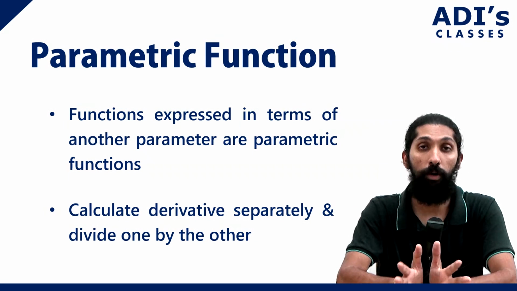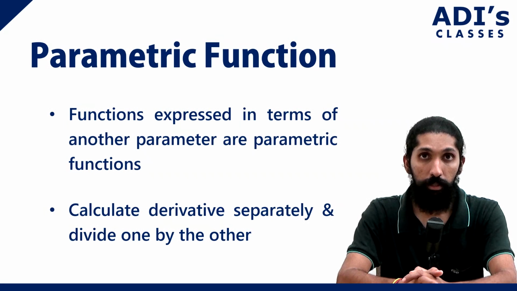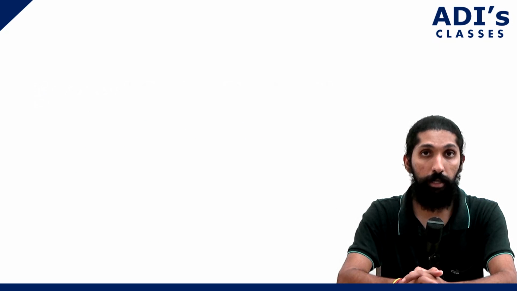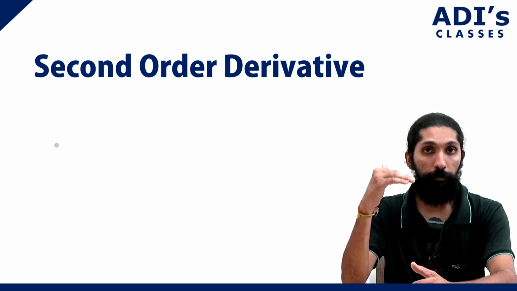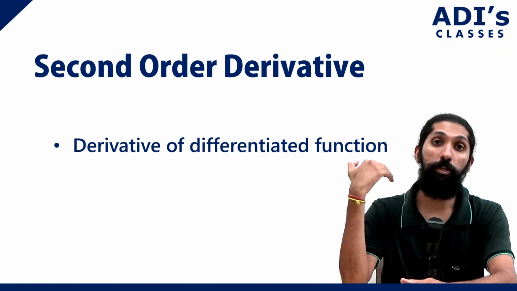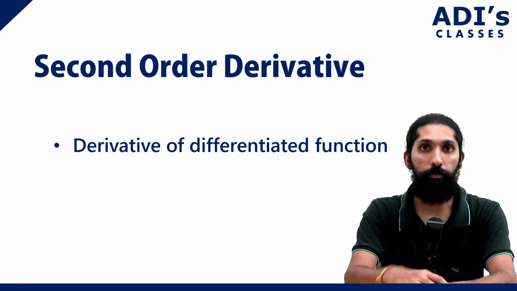Once parametric is done, we moved on to the next part, that is the double derivative or second order derivative. In second order derivative, you differentiate once and then differentiate again. It's going to be d square y by dx square.